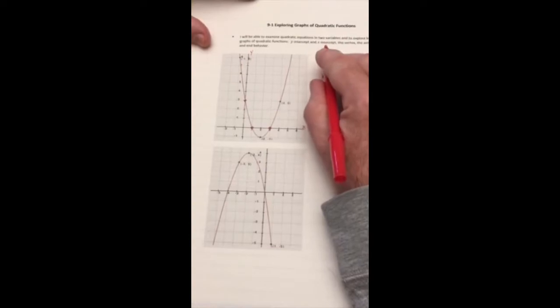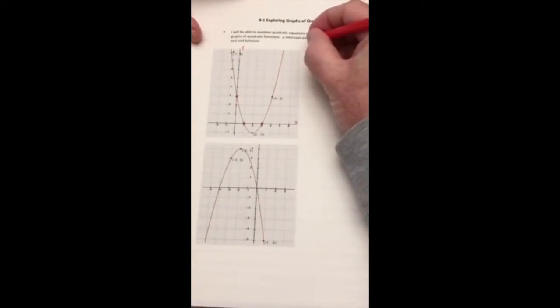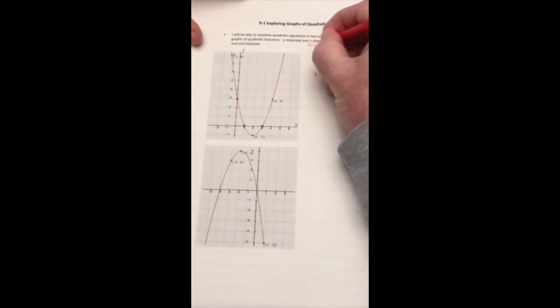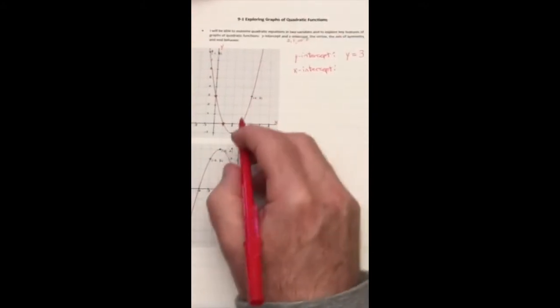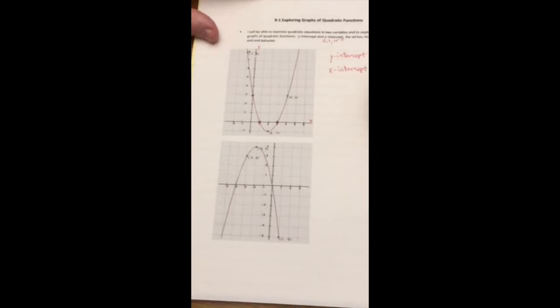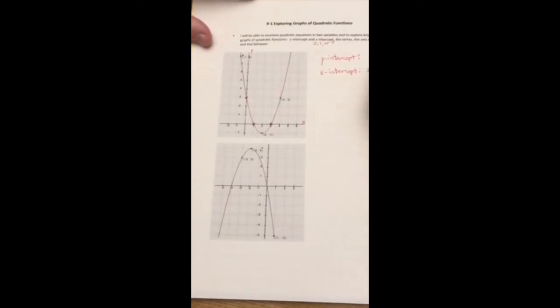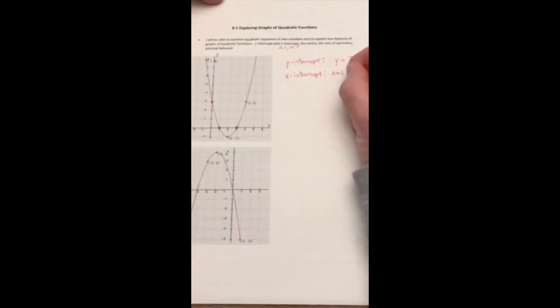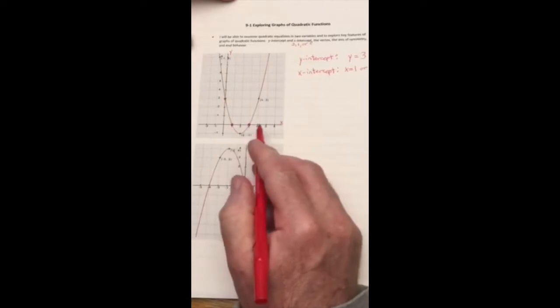It may help under x-intercept to put that there may be 2, 1, or 0 for that. For this one, we're going to get 2 x-intercepts. And again, it's important to label them with which letter. So this will be x equals 1 or x equals 3. Those are the 2 points where it crosses the x-axis.